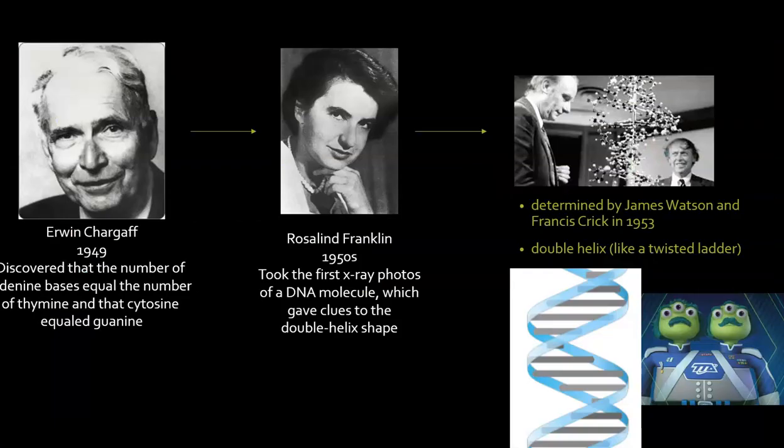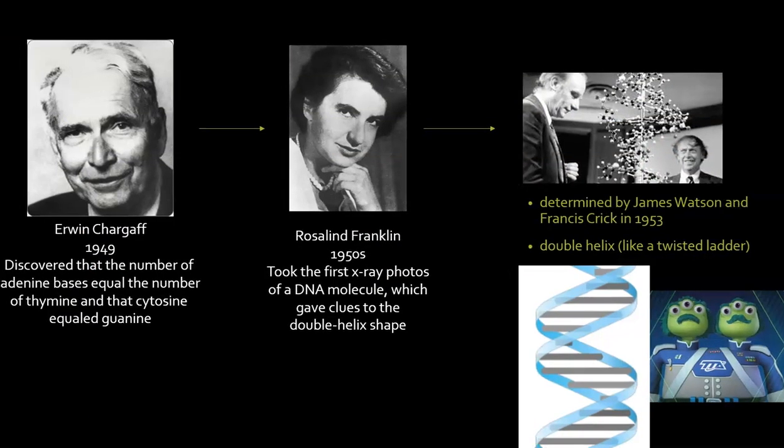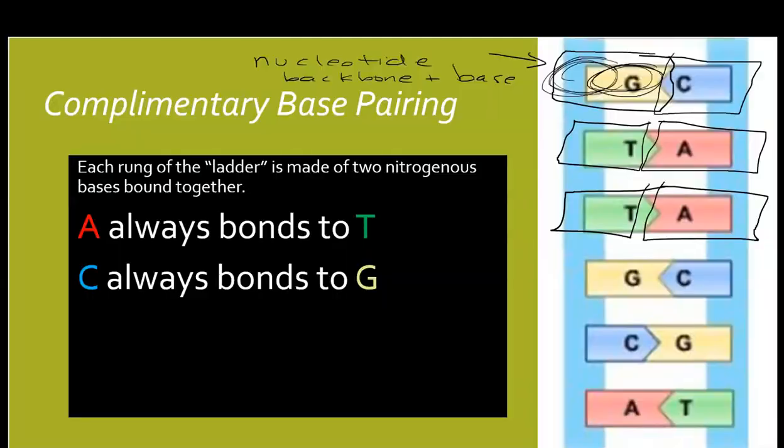All right, the last thing I want to show you before we move on to the next part of our lesson today is a little history of the discovery of DNA, and it started in 1949. Erwin Chargaff discovered that the number of adenine bases always equals the number of thymine, and that cytosine always equals the number of guanine.